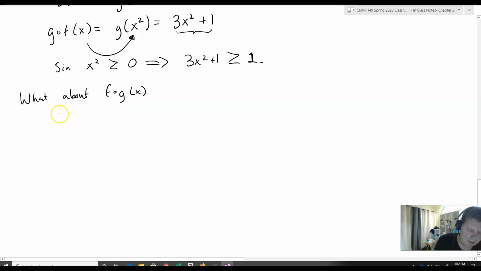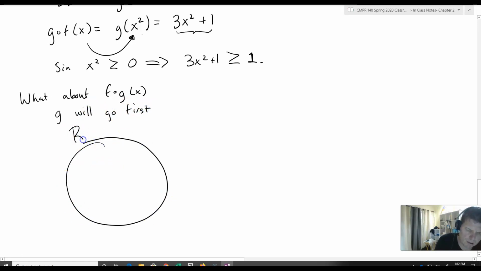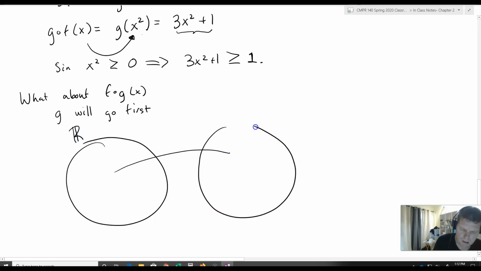Well, remember that g will go first. g goes from R to R. And that's g of x equals 3x plus 1. And if you remember, 3x plus 1 was in fact a bijection, so it's onto, and consequently it's going to give us everything in R.